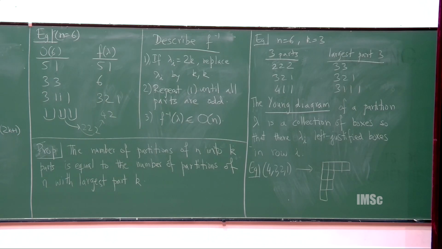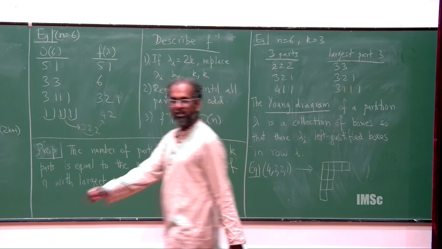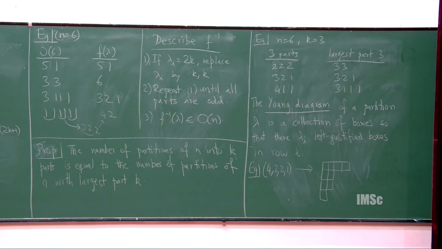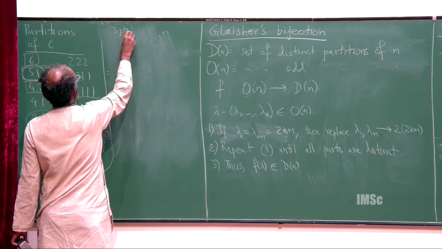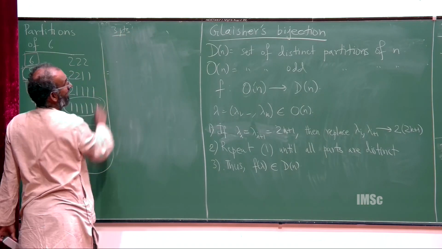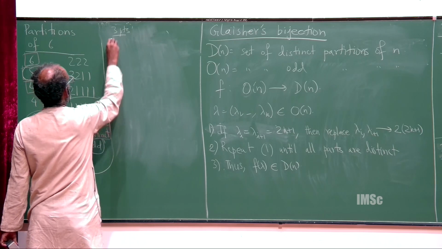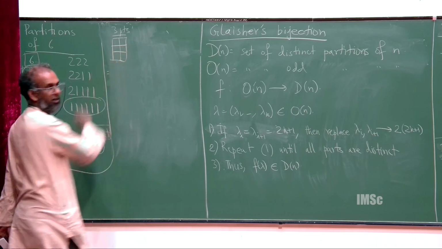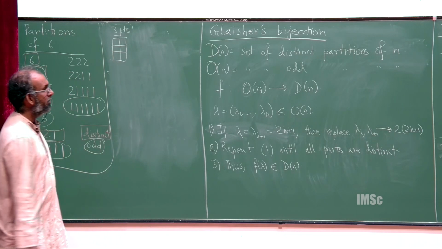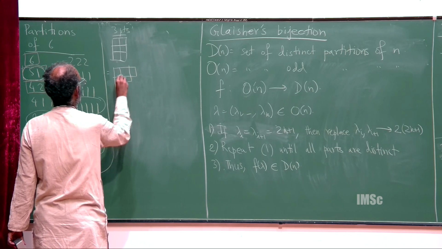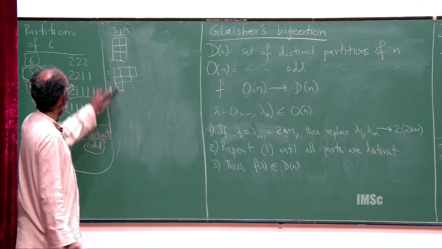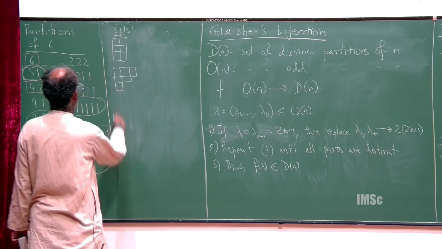Okay, so let me draw the Young diagrams for these 6 partitions, and then you should be able to see the connection between them. So this is 3 parts. I have 2, 2, 2, so it looks like a rectangle, right? Then I have 3, 2, 1, and then 4, 1, 1.